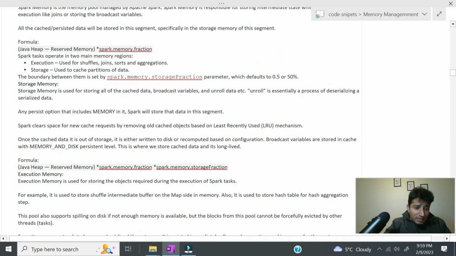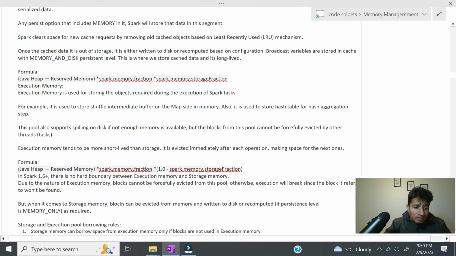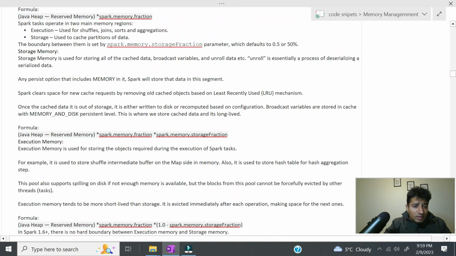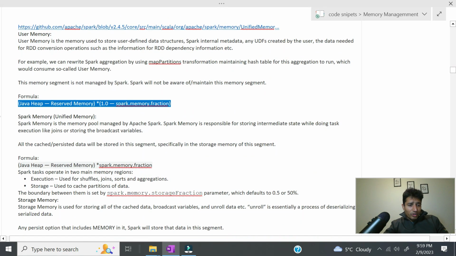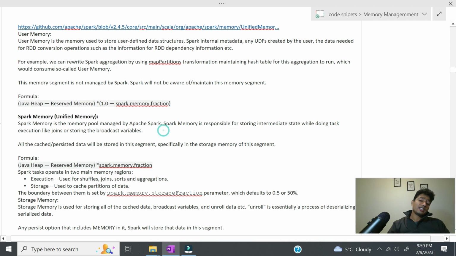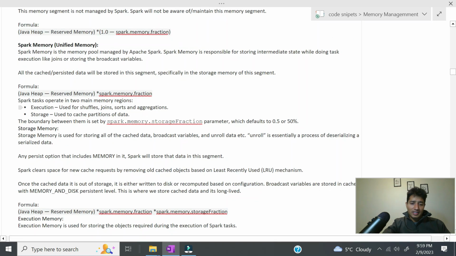And the third one is your Spark memory. We have covered it, but I'll highlight it so that we won't miss it. So the final one is Spark memory. Spark memory is a memory pool managed by Apache Spark. It is responsible for storing intermediate state while doing task execution like joins, or storing broadcast variables, right?